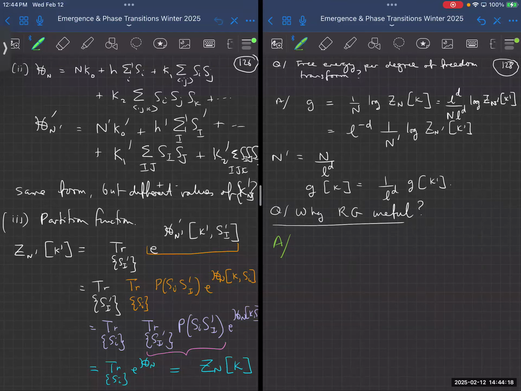So the basic idea of RG is the following. First of all, when we construct our renormalization group transformation, I start off with some coupling constants and get an image, which is some nonlinear transformation of those. What we have done in doing that is this is a sum over a finite number of degrees of freedom.